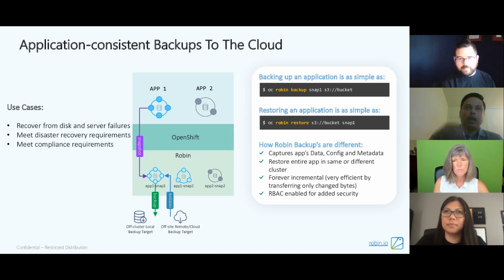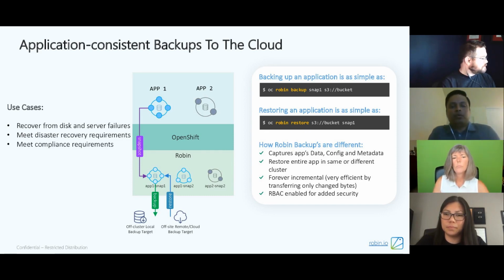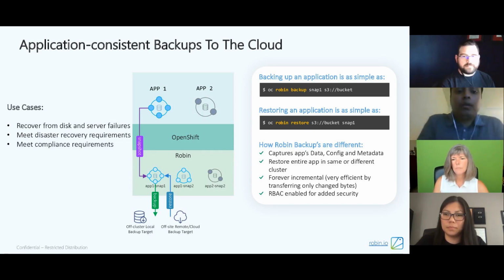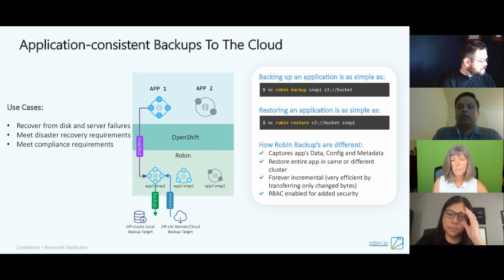I would say yes, right? So Valero is a backup solution. So it's what you would call a secondary storage solution, right? With Robin, we actually have a single solution for your primary storage, that is storage management, as well as your data protection and backups. So the benefit here is basically Robin, being primary storage, understands the underlying storage provisioning and all of the metadata related to storage.